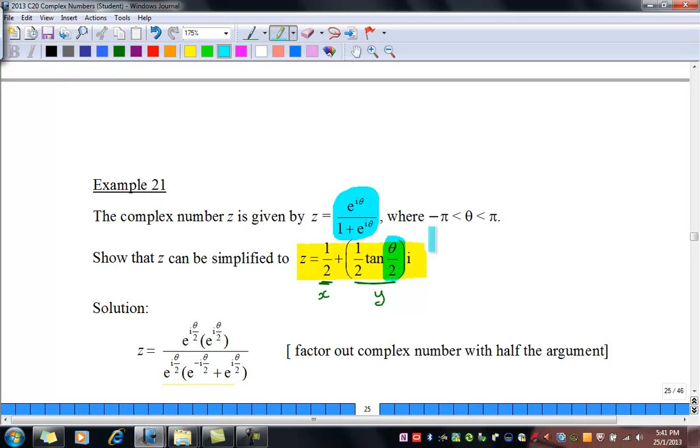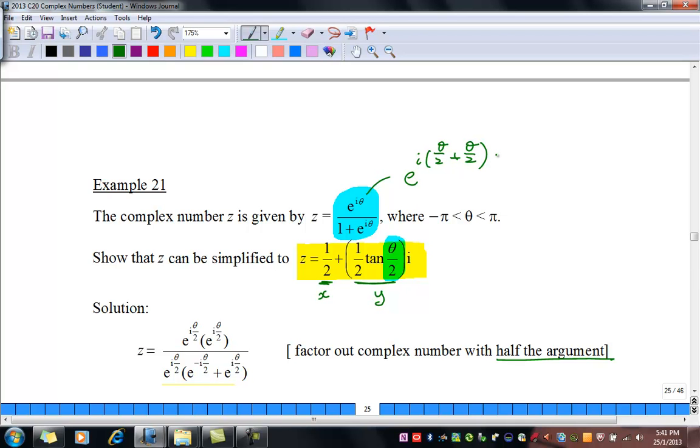So perhaps one of the best things I could do is to create the half angle first, by factoring out the half argument. And what I can do is, I know that this can be written as e to the power of i theta over 2 plus theta over 2.